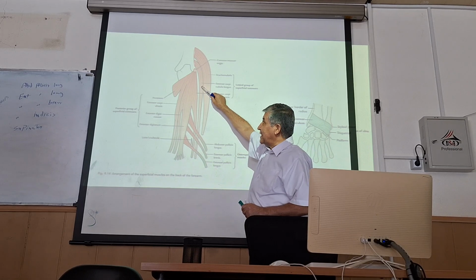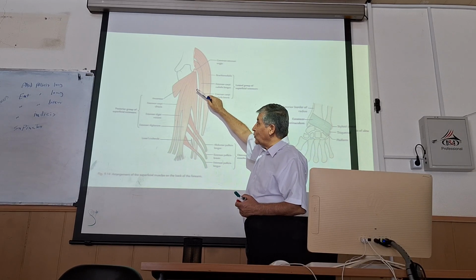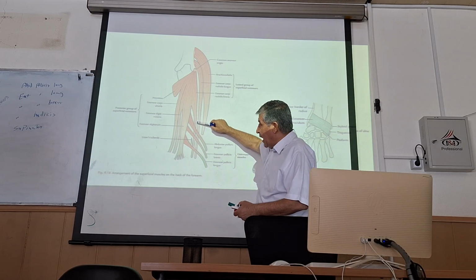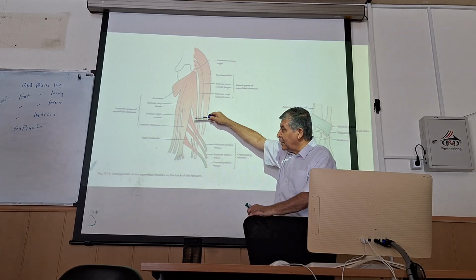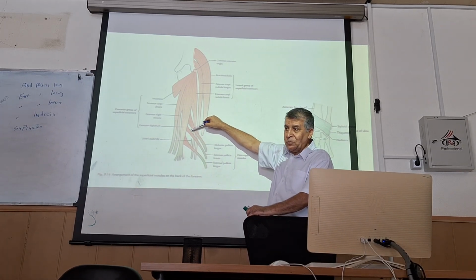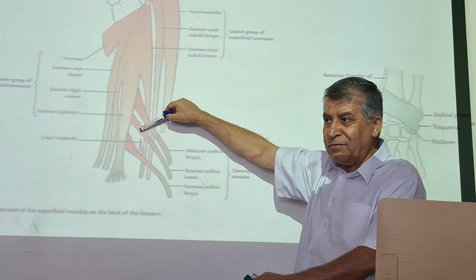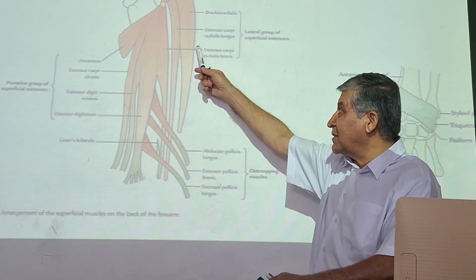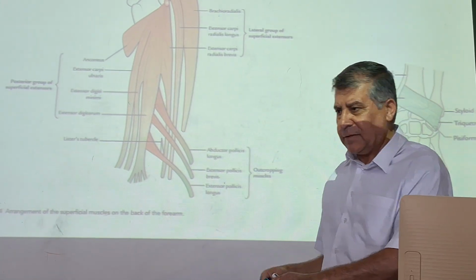Brachioradialis, extensor carpi radialis longus, extensor carpi radialis brevis. The muscles crossing the snuffbox are abductor pollicis longus, extensor pollicis brevis, extensor pollicis longus. What is the function of the brachioradialis?